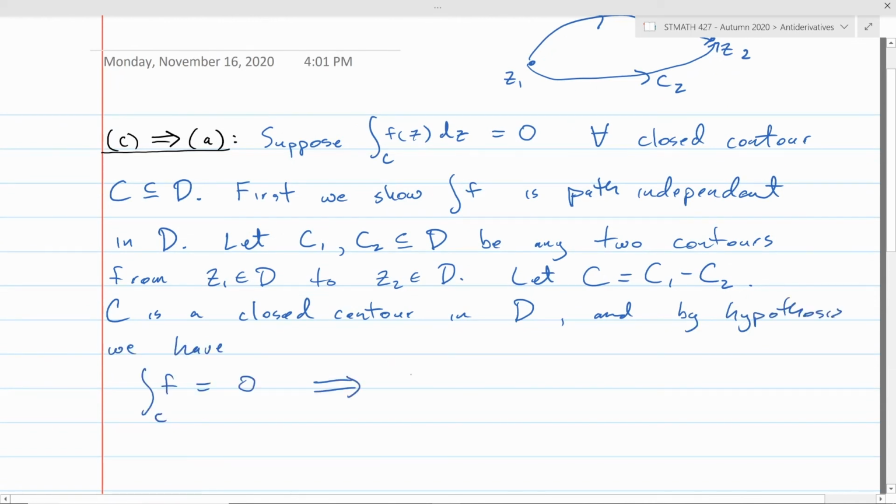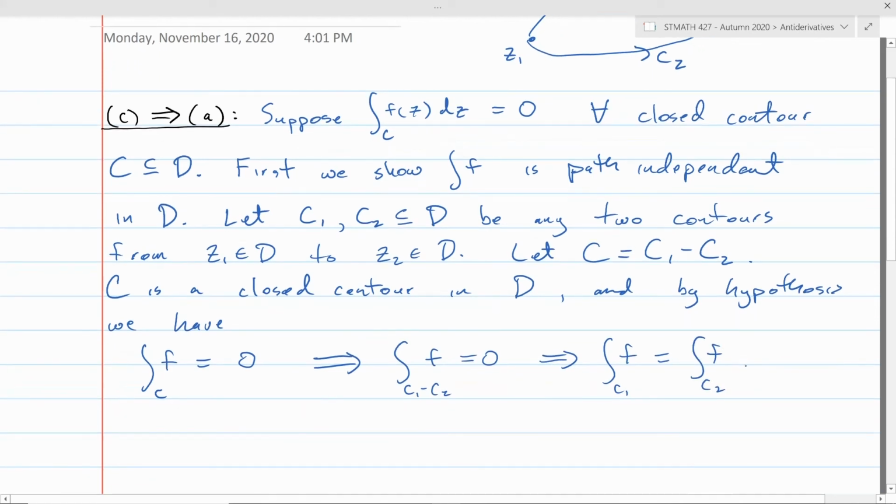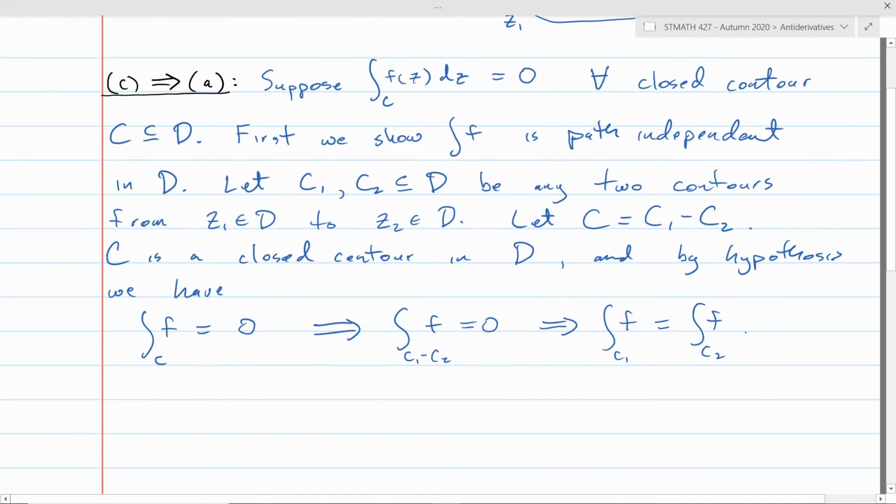That tells us the integral around C1 minus C2 of f is equal to 0, which we quickly deduce means the integral along C1 of f equals the integral along C2 of f. So that's independence of path right there: any two paths, C1 and C2, from Z1 to Z2 have the same integral.